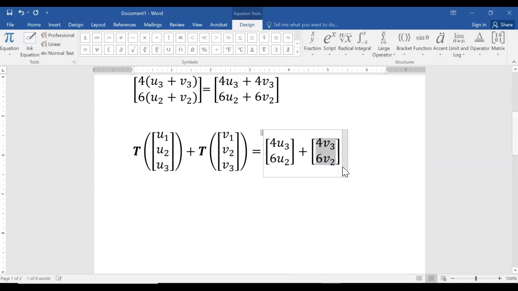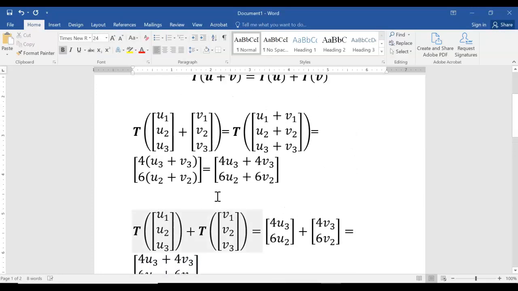Notice what's going to happen if we add those two things up. What you would have gotten is 4 times u3 plus 4 times v3 in the first entry, and 6 times u2 plus 6 times v2 in the second entry.